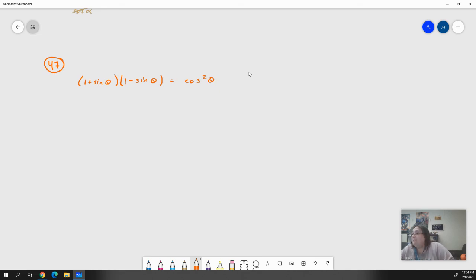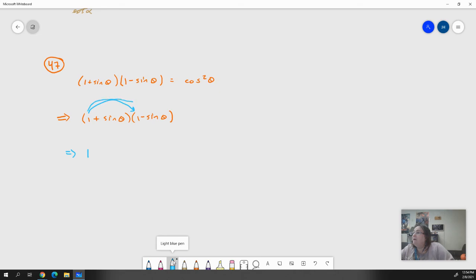So when I look at this, I'm going to take this first part. We've got 1 plus sine of theta times 1 minus sine of theta. Now I look at this and I see it as a difference of squares, but you might not see that right off the bat. So what we're going to do is distribute each piece, right? So I've got 1 times 1, and that's going to give me 1.